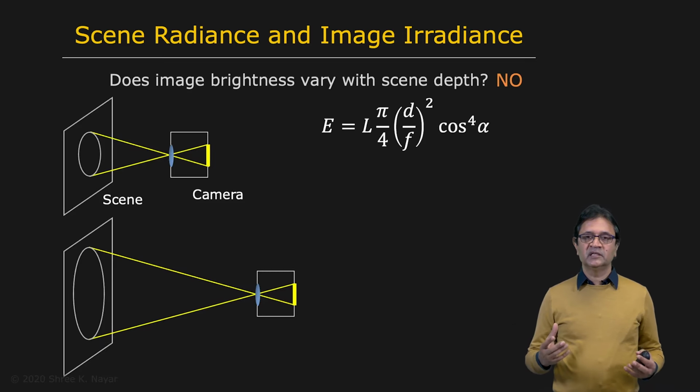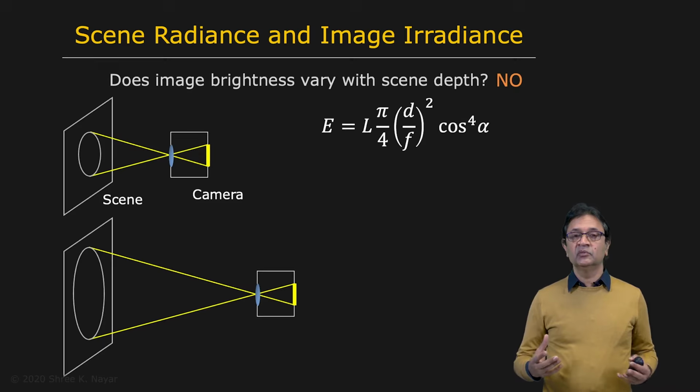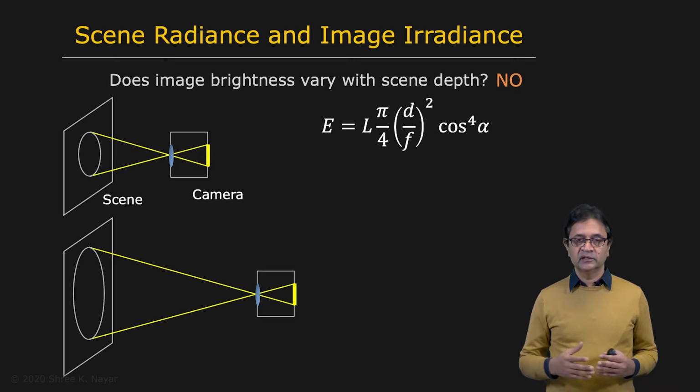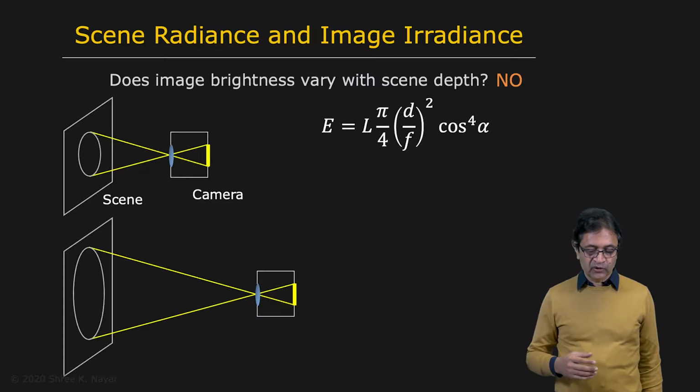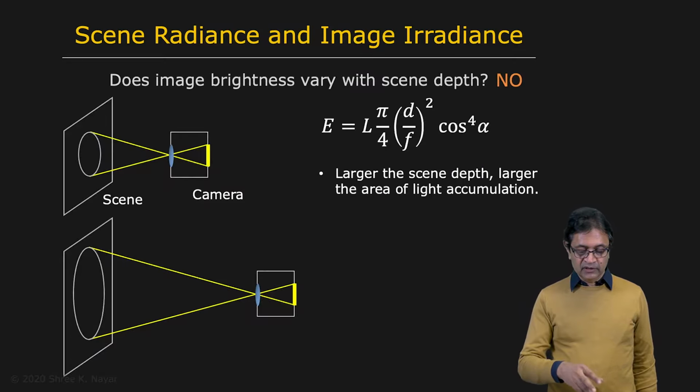So in other words, that same pixel is going to be accumulating light from a larger area in the scene, which almost seems to imply that the brightness of the pixel is going to increase, and that we know is not the case. So what's going on here? So this says that the larger the scene depth, the larger the area of light accumulation.